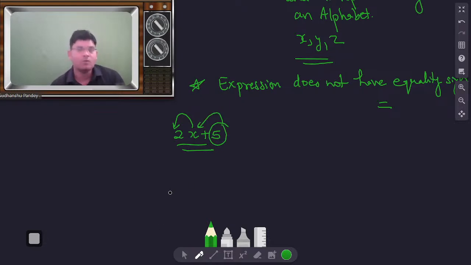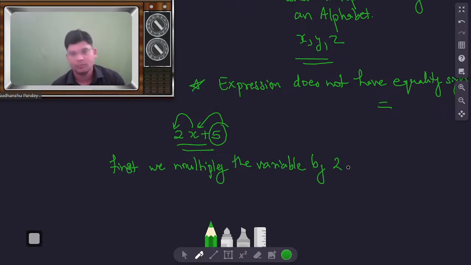If I am asking what kind of expression this is, we can say: first we multiply the variable by 2 and then add 5 to the product. Understood?